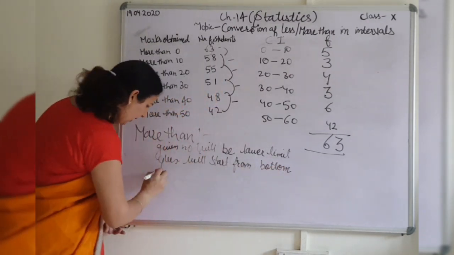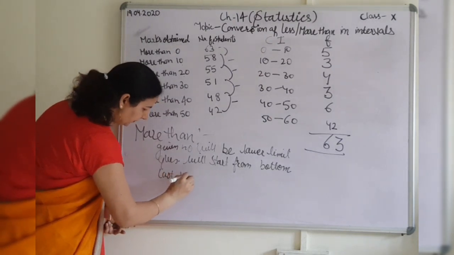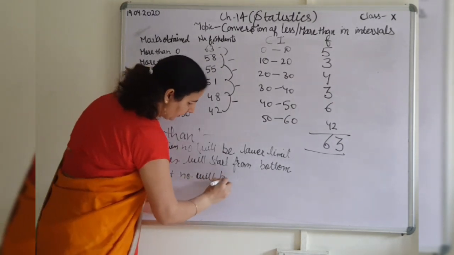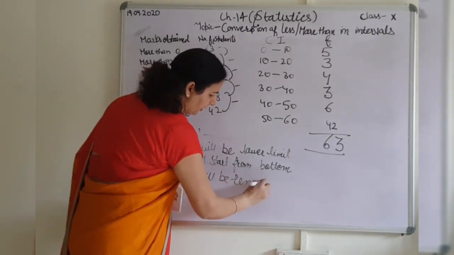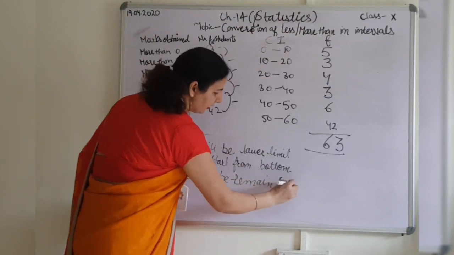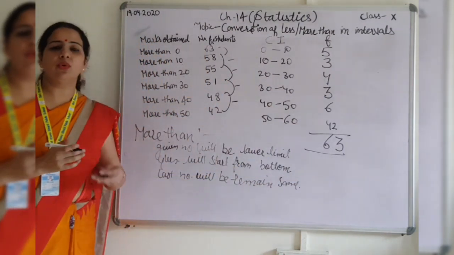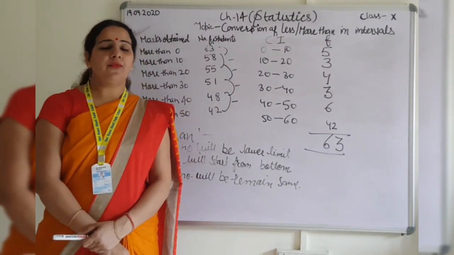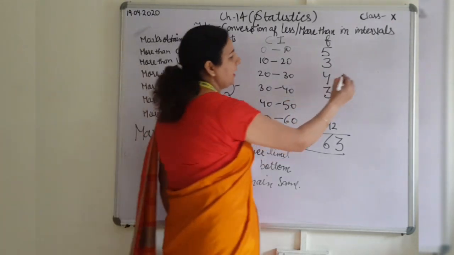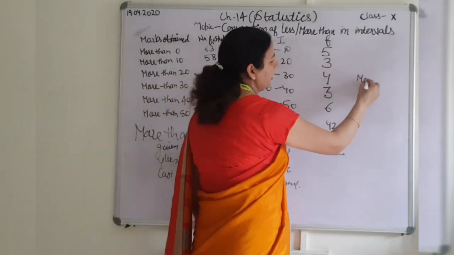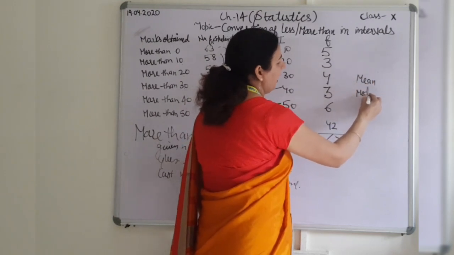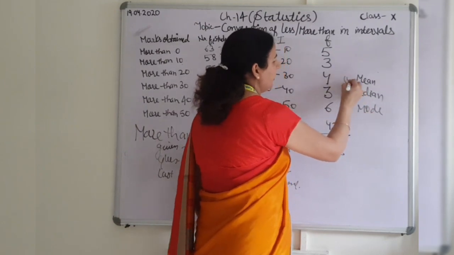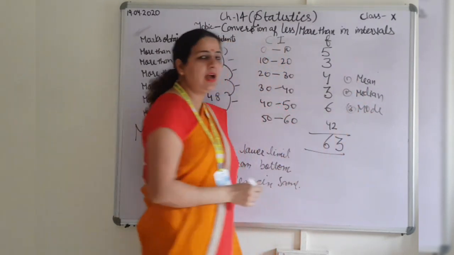Next, the last number will remain the same. So this is all about how to convert less than and more than into intervals. After converting into intervals, you can easily calculate mean, median and mode of the same.